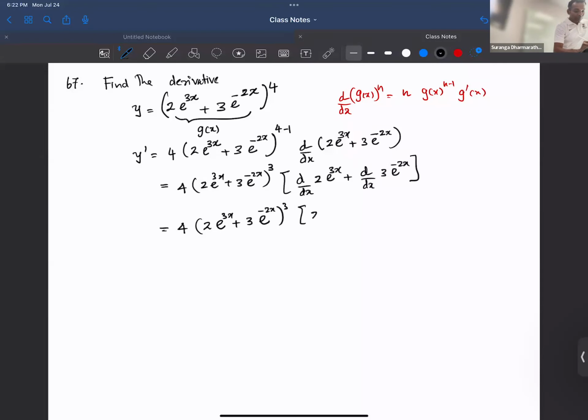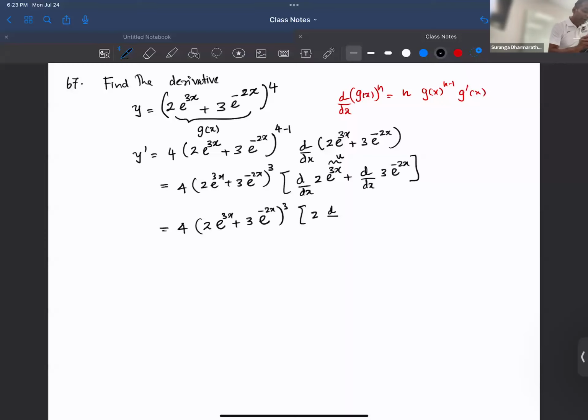This is 2 e to the power 3x. Now you can put the chain rule here. You can take this as u, or we can use the power rule, it doesn't matter.